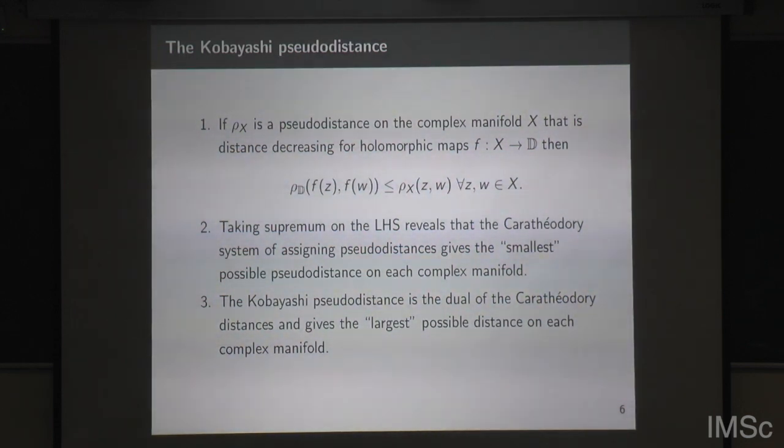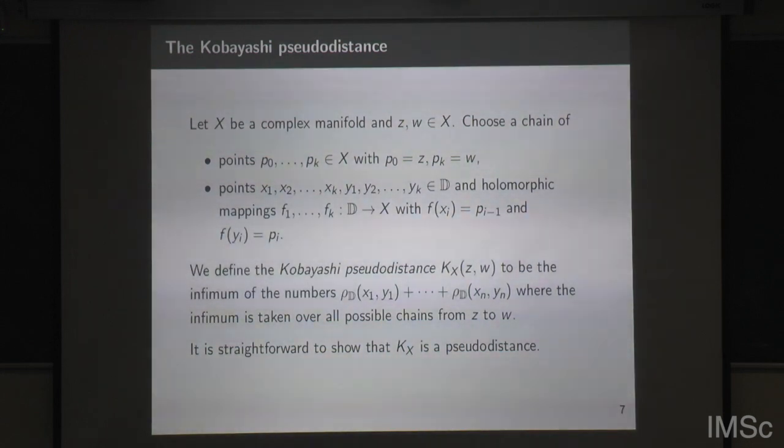Now we want to consider another family of useful pseudo distances introduced by Kobayashi, which will be in some sense the dual of the Carathéodory pseudo distance. It will be the largest possible pseudo distance. So let me just briefly give the definition of the Kobayashi pseudo distance.